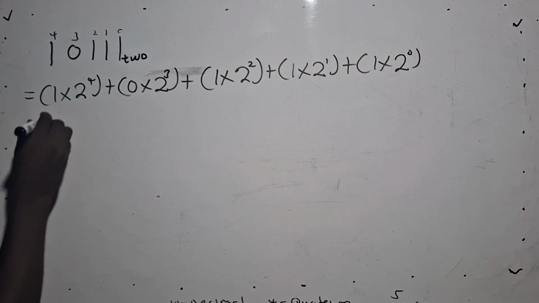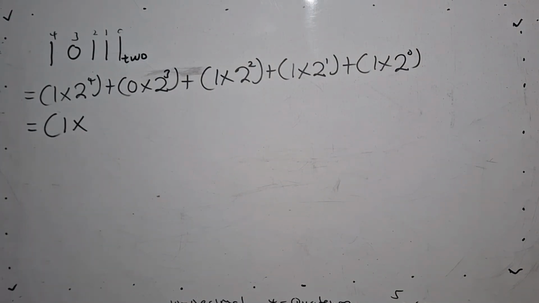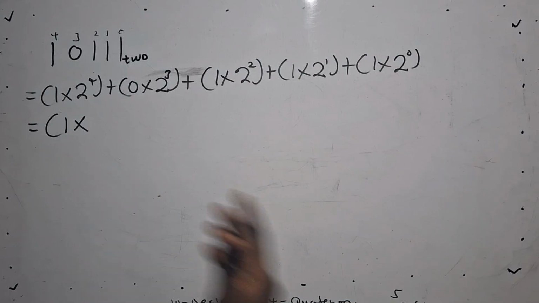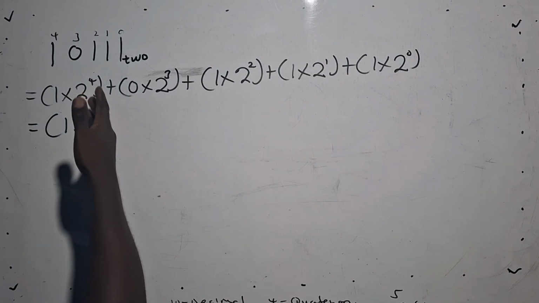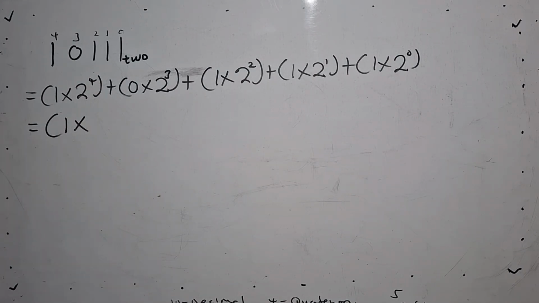Yes. Now this will give us 1 times 2 raised to the power 4, powers of numbers, indices. If you have watched my video on indices, this doesn't mean multiply the 2 by the 4. This means 2 times 2 times 2 times 2.